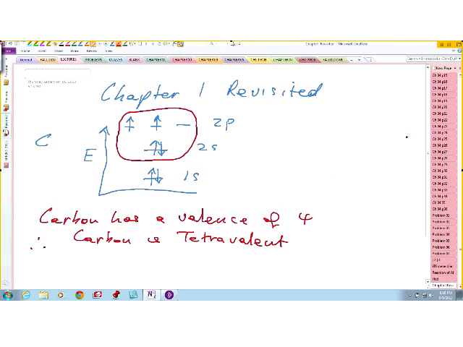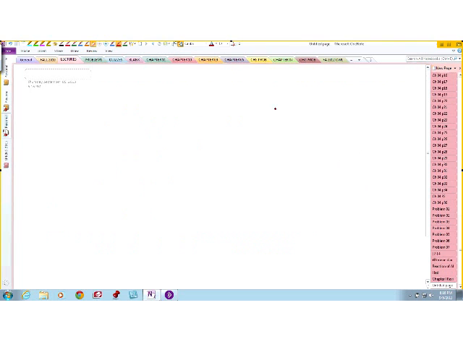Now, this is the case for carbon. If we also take a look at some of the elements or atoms that we are going to be using with regard to organic chemistry, let's take a look at oxygen. We draw the graphical electronic energy shell.